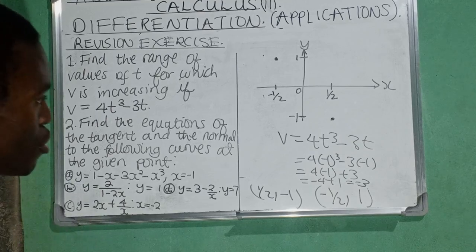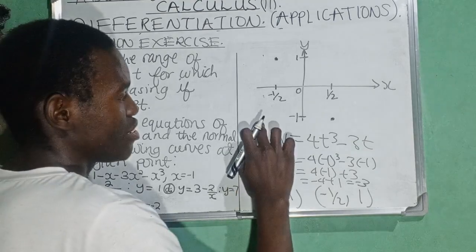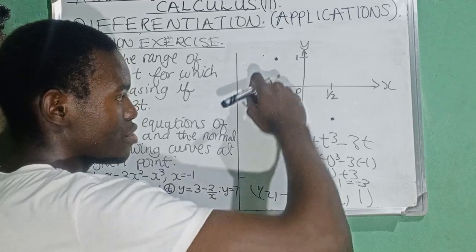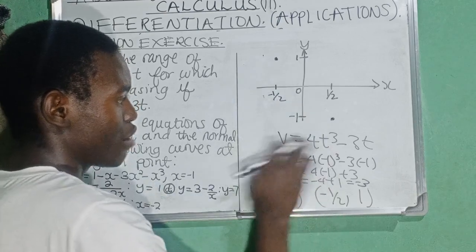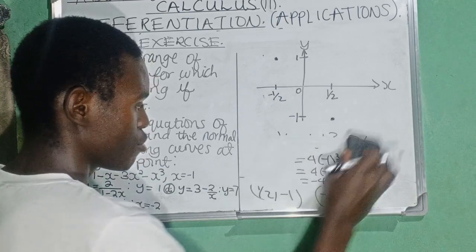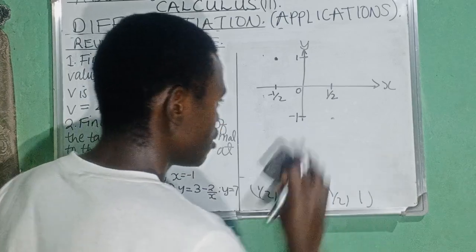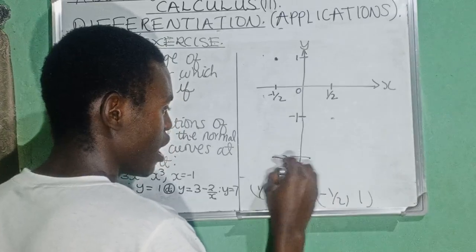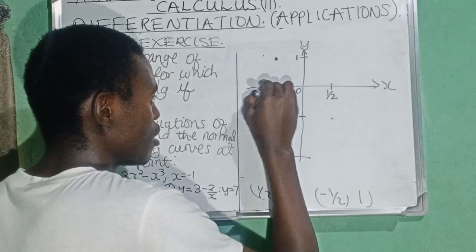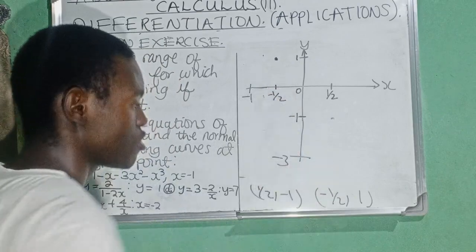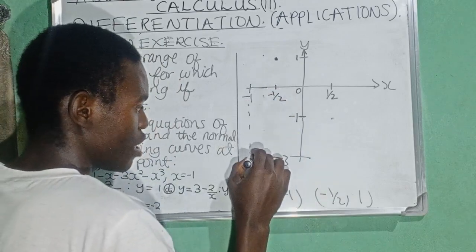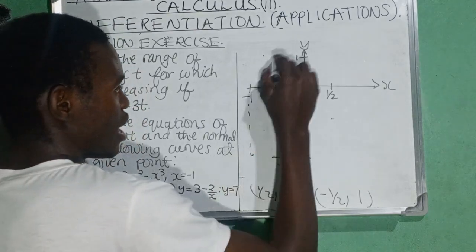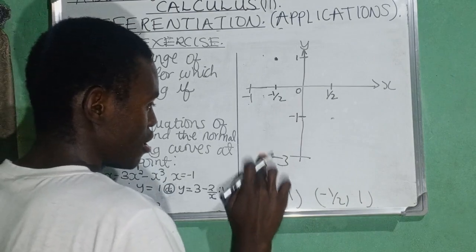So negative 3 is somewhere this side. Negative 3 is this part of the graph. Let me try to write it in a way that you can understand. If I were to extend this, your negative 3 would be there, and your negative 1 would be there, so the coordinate would be there. So what he's trying to say is that the graph is coming like that.